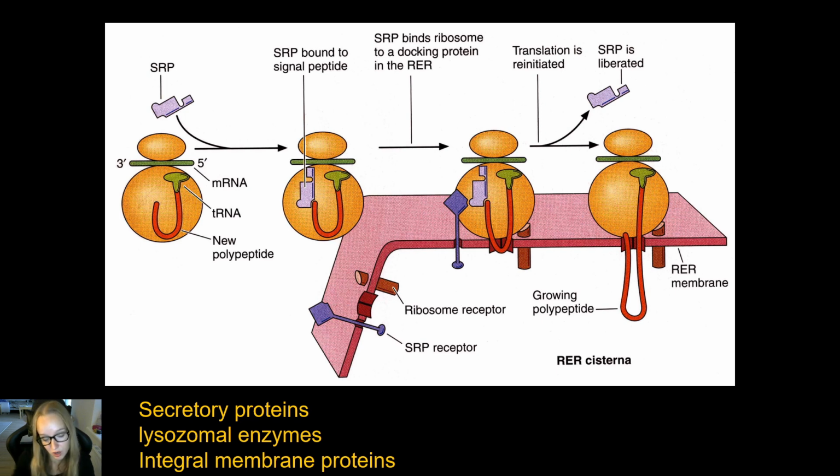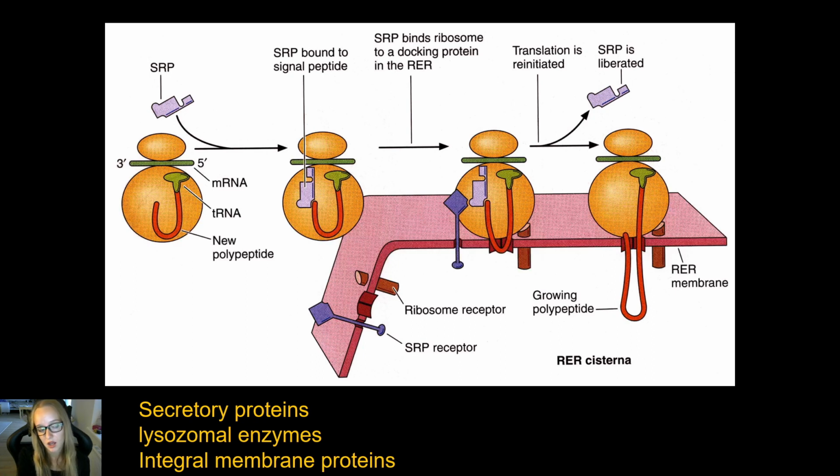These proteins travel to their final place via intracellular transport. These are, for example, nuclear proteins or cytoskeletal proteins, or proteins like hemoglobin in red blood cells.